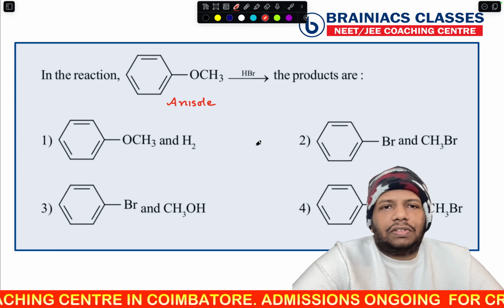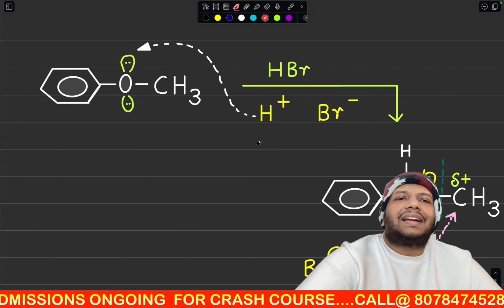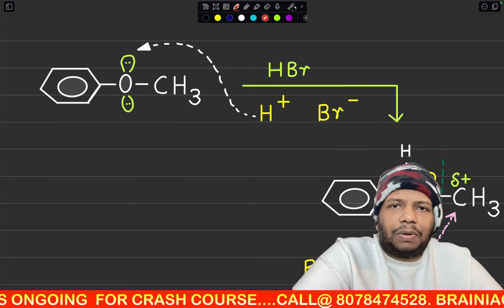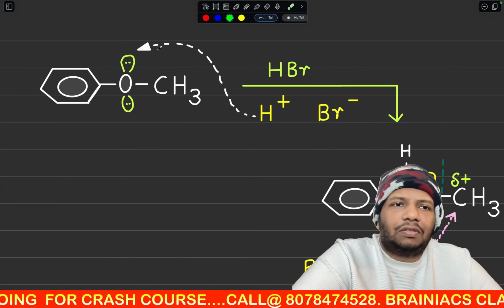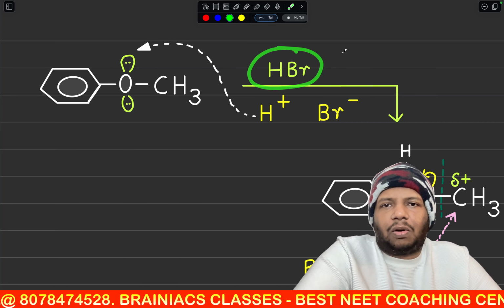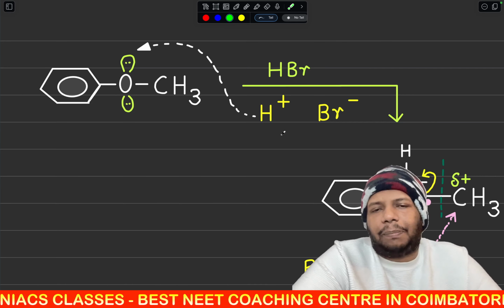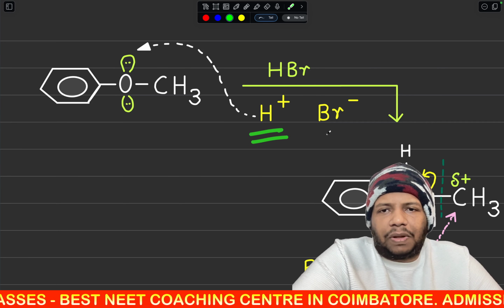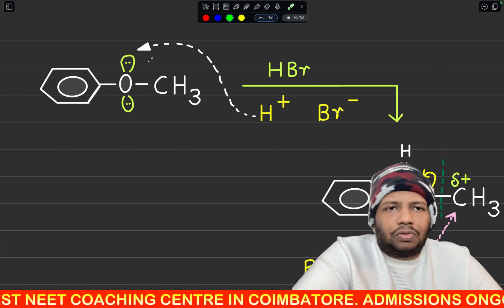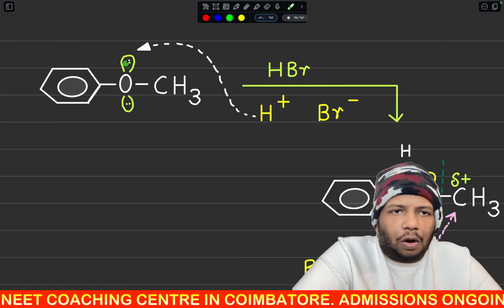Listen. If you see anisole, the reaction center in this compound is the oxygen atom. Why? Because oxygen has 2 lone pairs present. And when you see HBr, or sometimes they may give HI, the reaction will happen the same way. It will break into H plus and Br minus. Now you see the lone pair is there and benzene is present, so there is a pi bond.